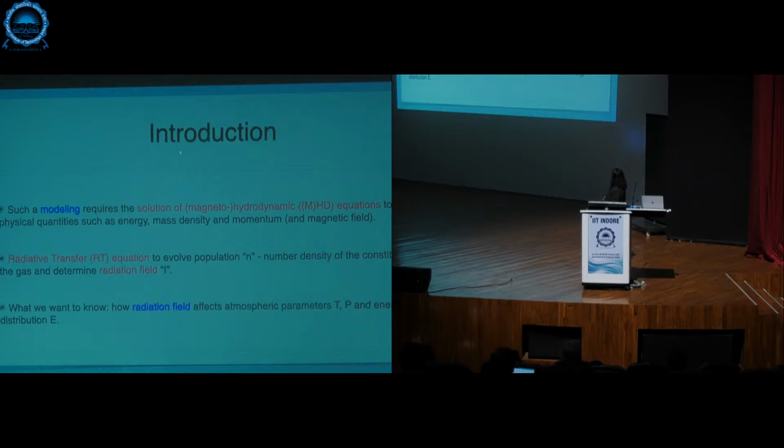We would also like to get the radiation field, which connects the magnetohydrodynamics and the radiative transfer equation. As I mentioned before, what we want to know is how the radiation field affects atmospheric parameters such as temperature, pressure, etc.